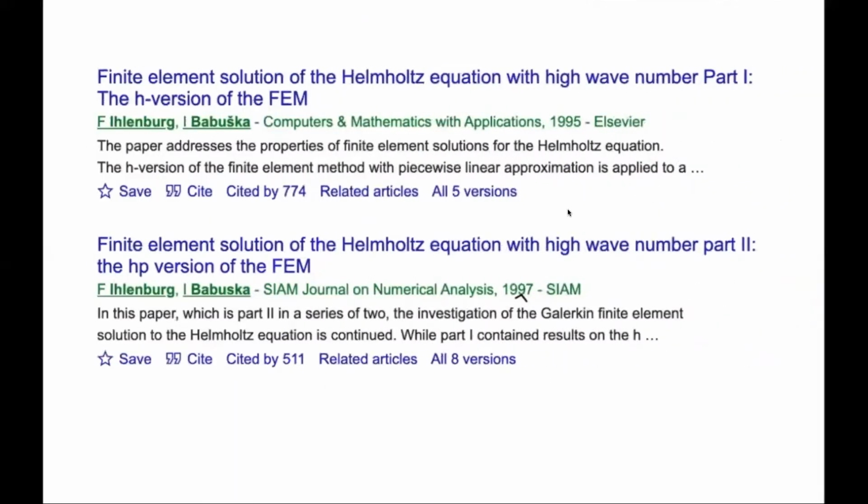I want to highlight immediately that this question, how should I be decreasing h or increasing p with k as k tends to infinity to maintain accuracy, has been studied for a long time.